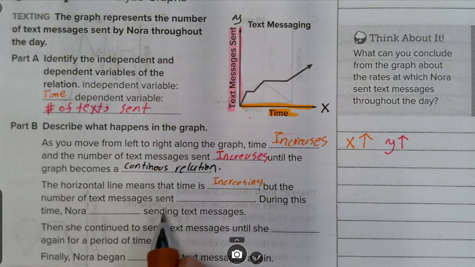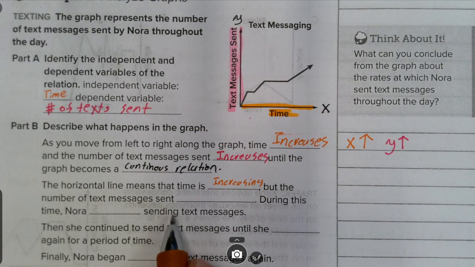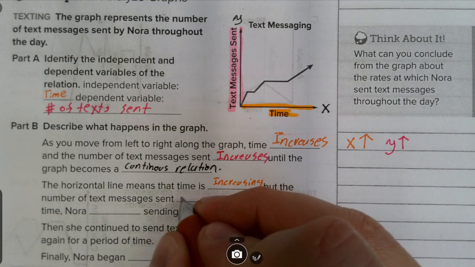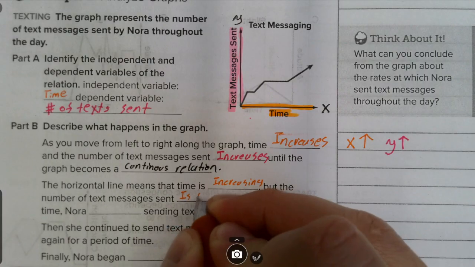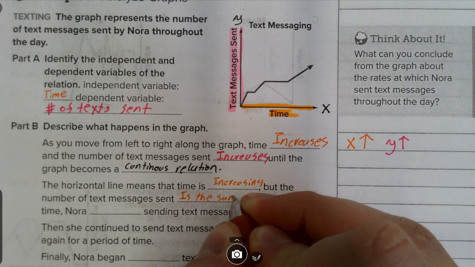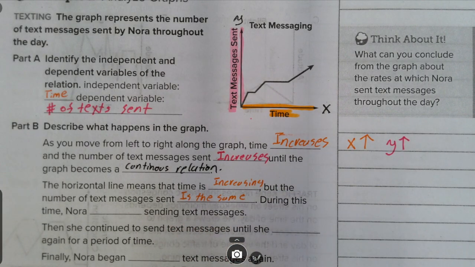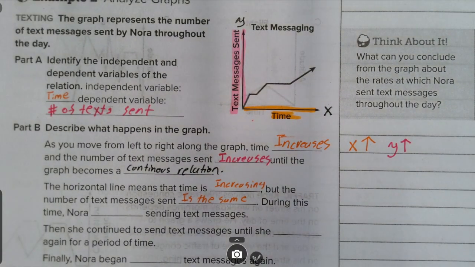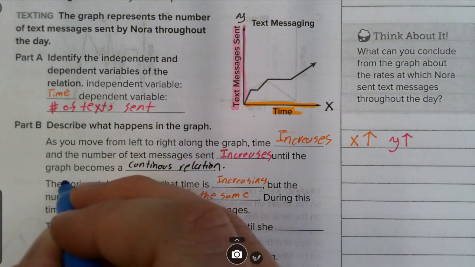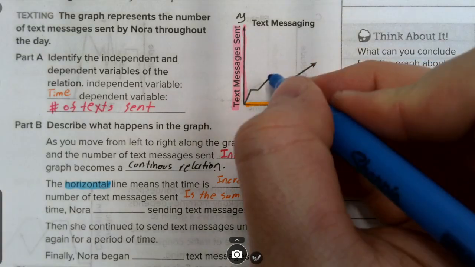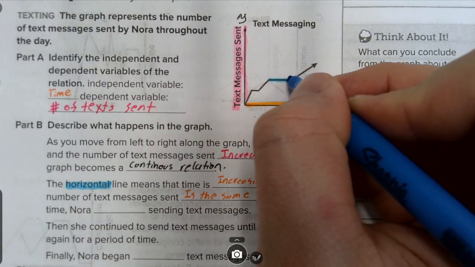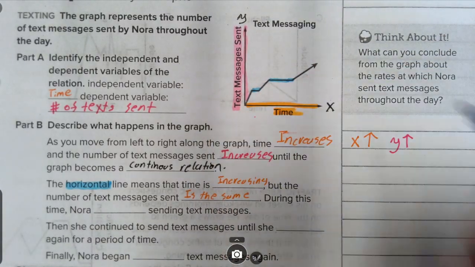But the number of text messages sent remains the same. So what they mean by that is when they say a horizontal line, they mean this part right here and this part right here.